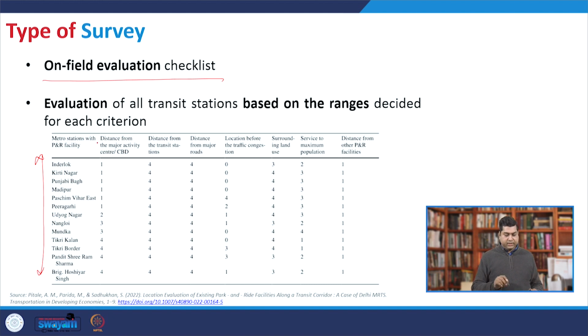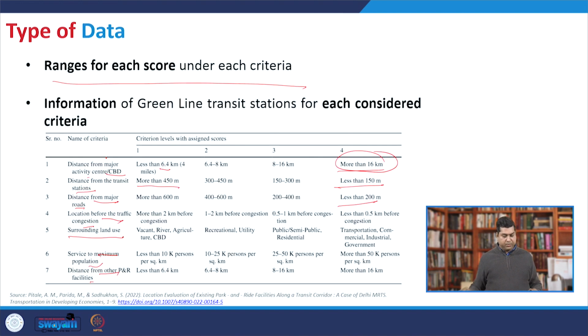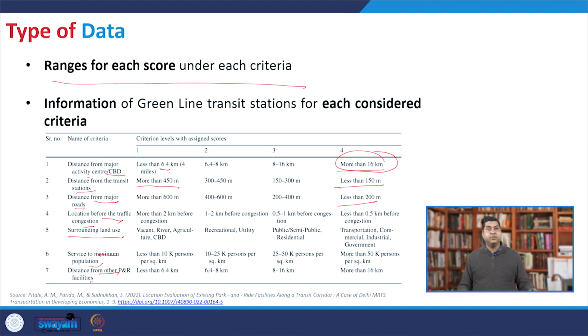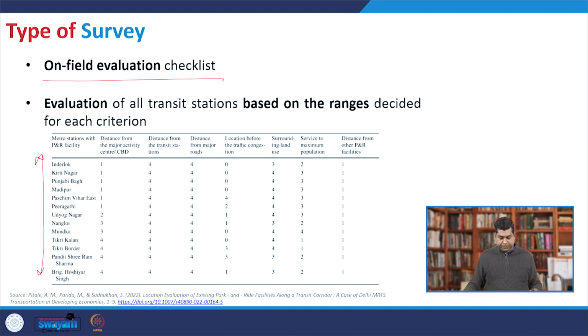If I read this table, whenever you get Inderlok, the first criterion having 1 means that it is less than 6.4 kilometer. Now when I see location before the traffic congestion is 0, 0 is a score which is assigned when this is not applicable.